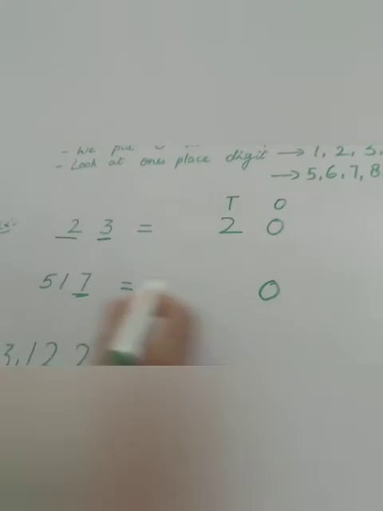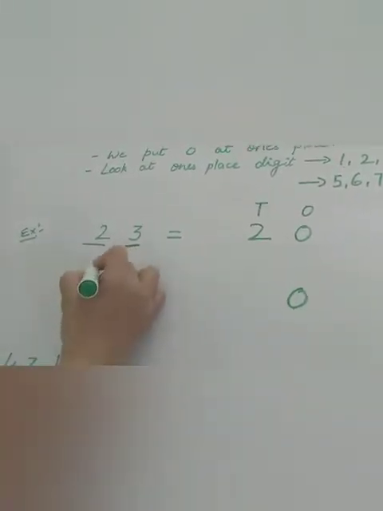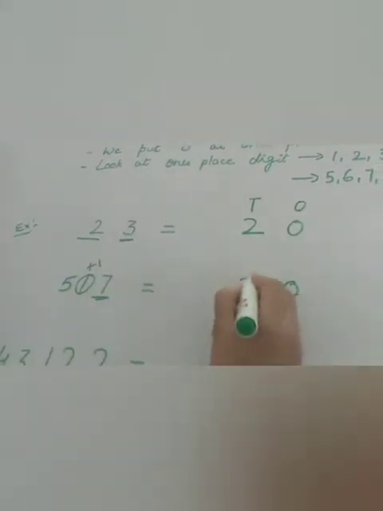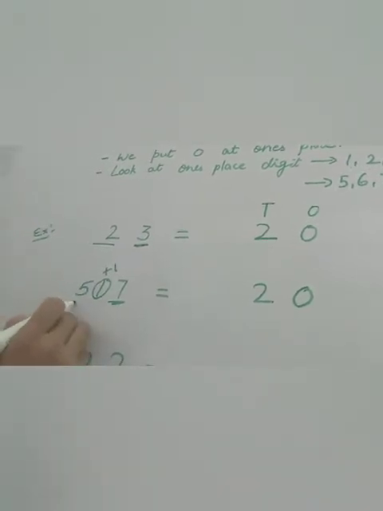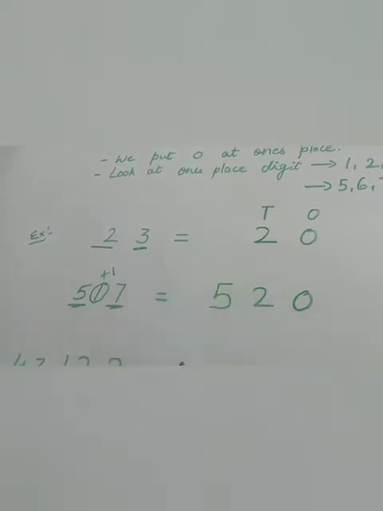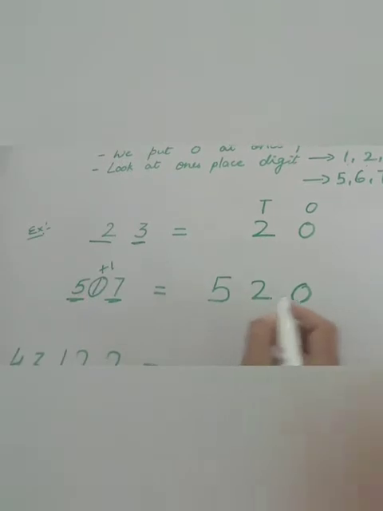First we'll put 0 at ones place. Now in tens place we will add 1. Right? So 1 plus 1 is 2. Rest of the digits would remain unchanged. It is 5. So nearest 10 of 517 will be 520.